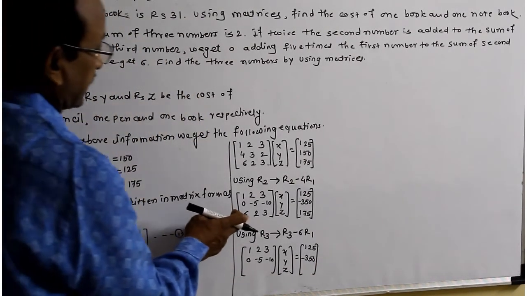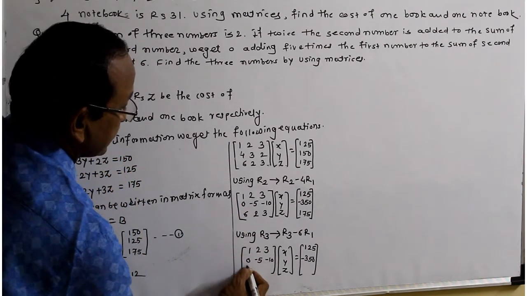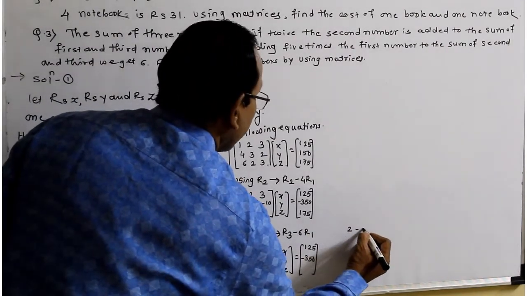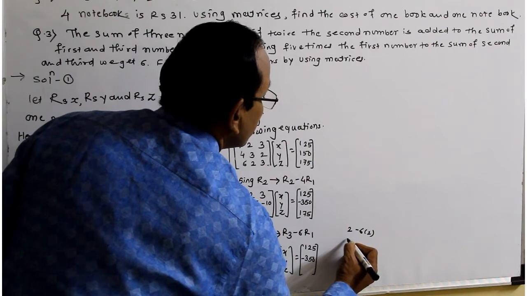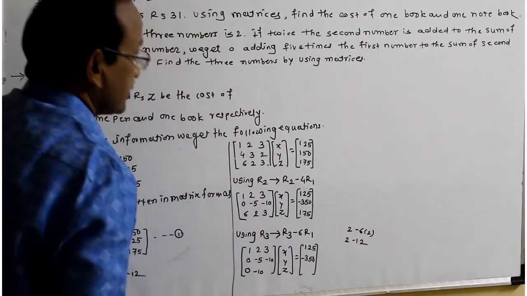Then apply R3 minus 6 times R1: 6 minus 6 is 0. 2 minus 6 into 2 is 2 minus 12, minus 10.